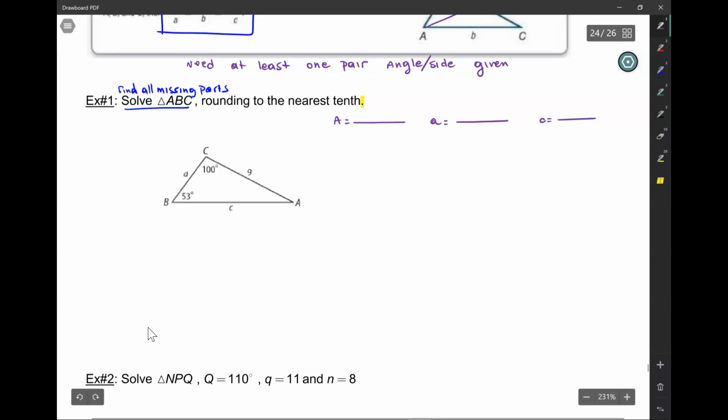So we're going to start with the B's: sine of B over b equal to. Now, look at the A's. Both of them are missing. That's not a good place to start. But the C's, only one of them is missing. That's a good place to start. So I'm going to do sine of C over little c.